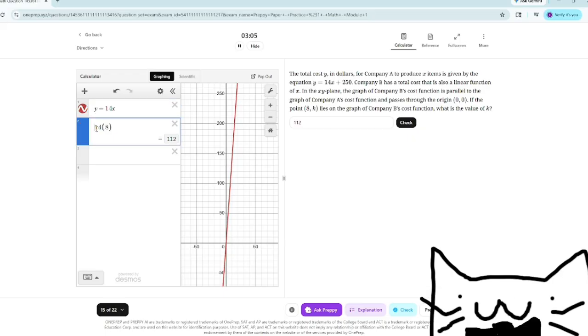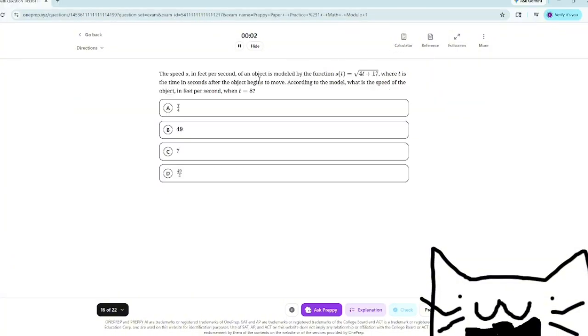Since we have a point, 14 times 8 is 112. Since it has to pass through the origin and it's parallel to it, you have to remove the 250, and then you plug in x to find k, which is y. Boom. Let's go. 112.